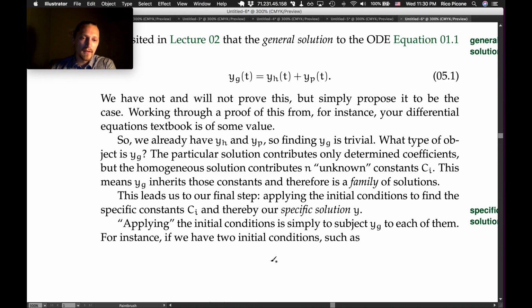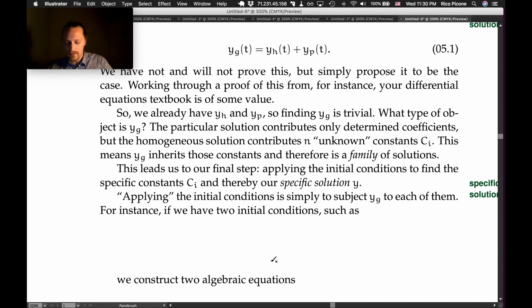For instance, if we have 2 initial conditions, such as, say our initial time is time 0, we could have it be anything, but let's say it's 0. It's typically 0, so y of 0 is equal to 2. There's one initial condition. We're saying that the output at time equal to 0 is 2.